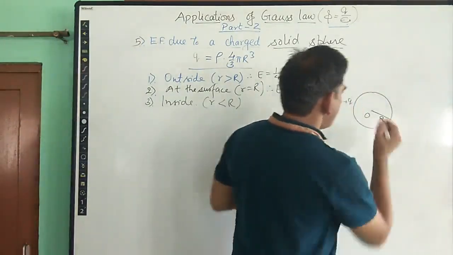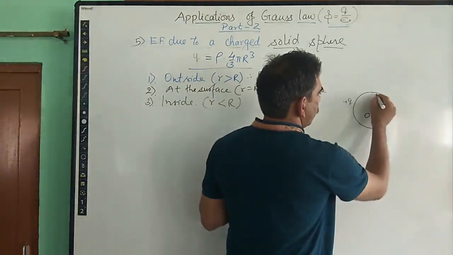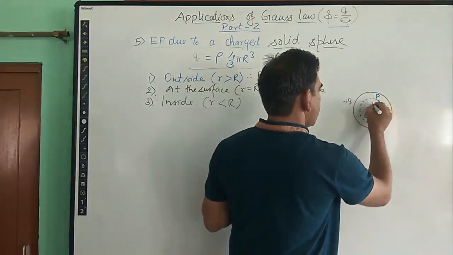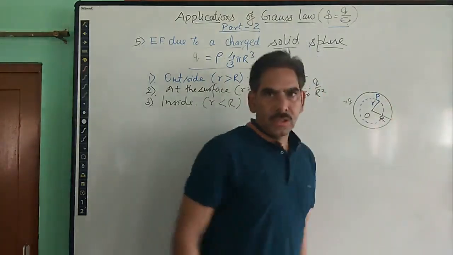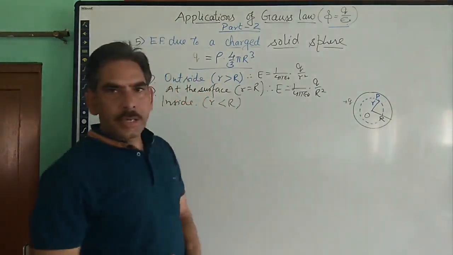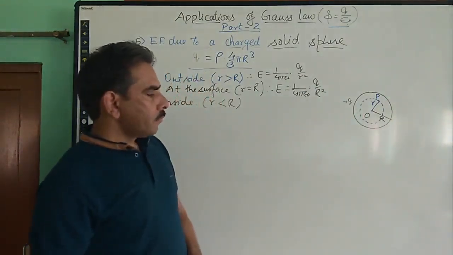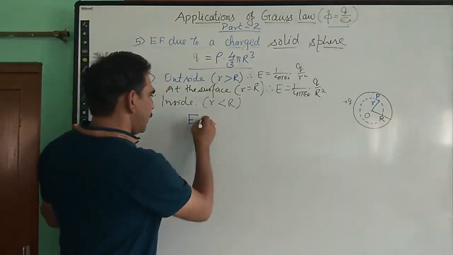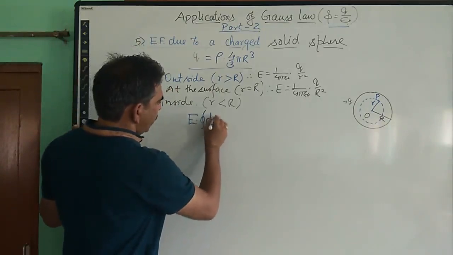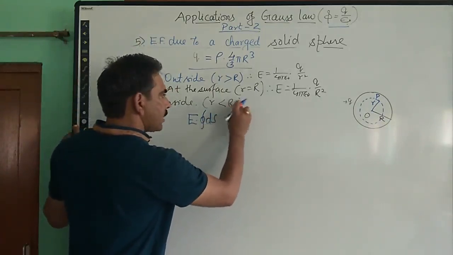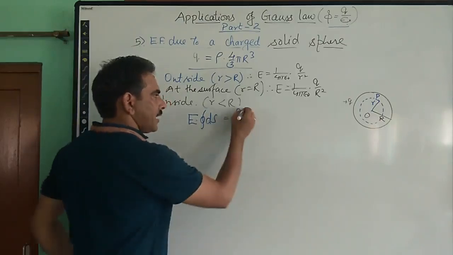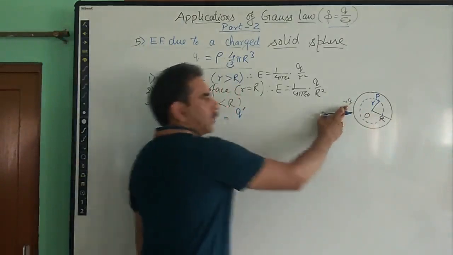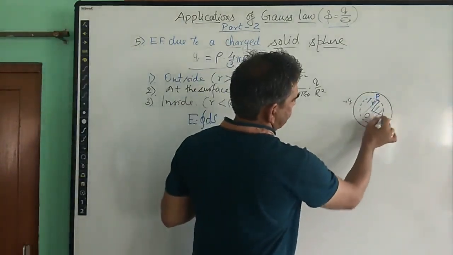Suppose that here is point P, so we draw a Gaussian surface through this point P, and the radius of this Gaussian surface is small r, so that small r is less than capital R. Now the electric field, as we have discussed earlier, E into ds is equal to the charge enclosed by this Gaussian surface, which we represent as Q dash, because it is not the charge which is equal to Q. The charge inside is comparatively less.